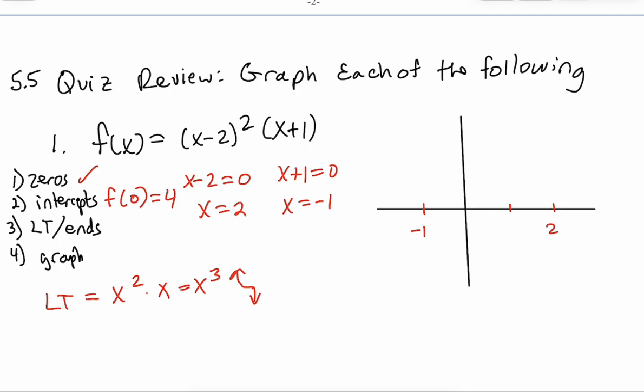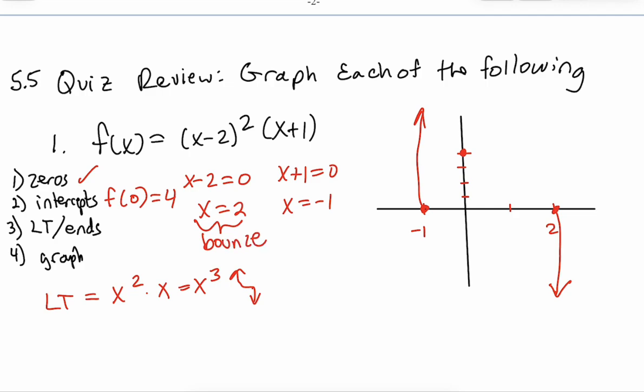So we have zeros at 2 and -1. We have a y-intercept of 4. Our left end goes up, our right end goes down. We are going to have a bounce at 2, but we're going to go through -1.